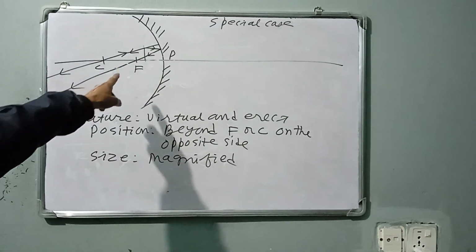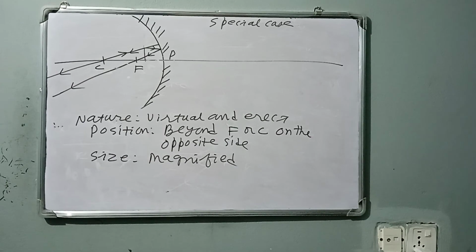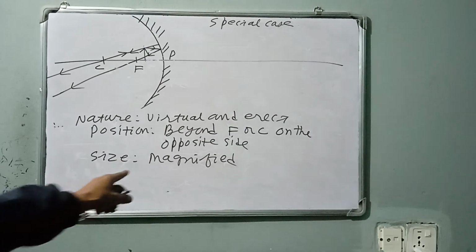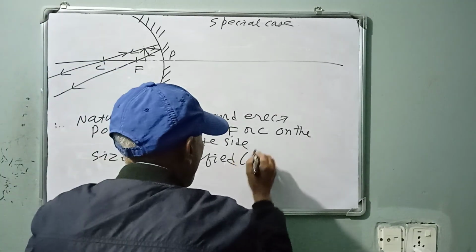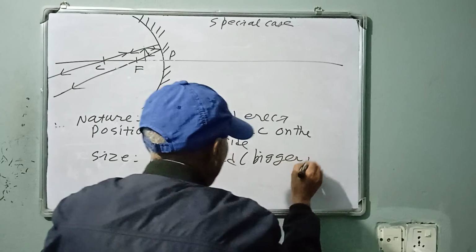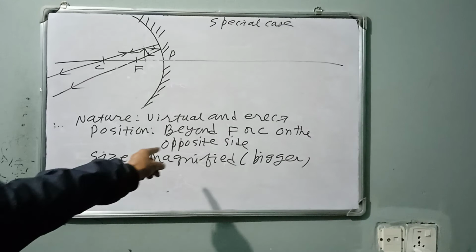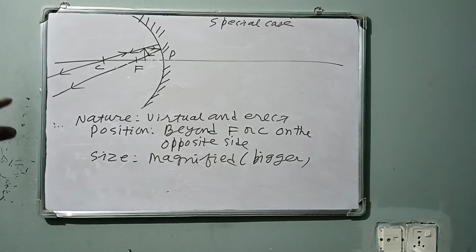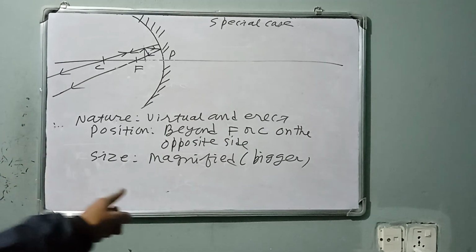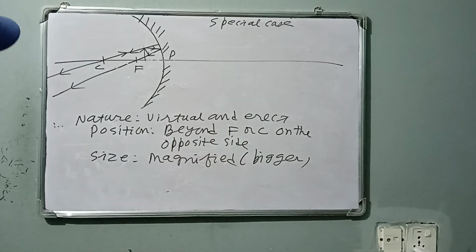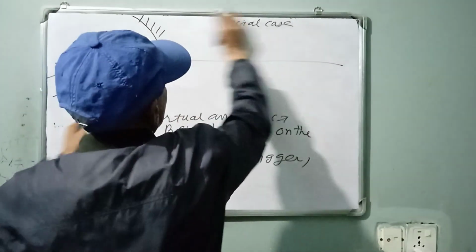When an object is placed between focus F and pole P of a concave mirror, a virtual, erect and magnified, means bigger, image is formed beyond C or F on the opposite side. When an object is placed between F and P, a virtual, erect and magnified image is formed beyond F on the opposite side.